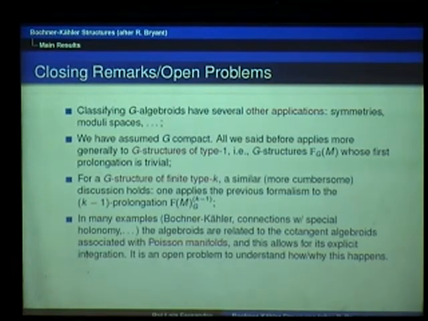And because of that, symplectic geometry comes into the picture. And I don't understand, and it's an open problem to understand why that is the case, why these algebroids come from these things. And I'm really curious to know what's the answer to that question. It should clarify quite a few things.